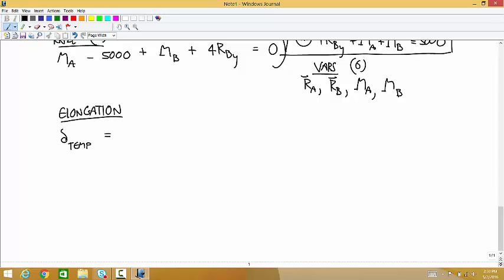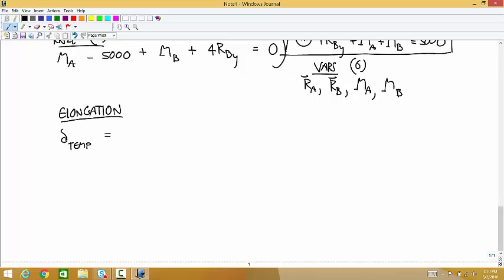It's going to make it want to expand. And so because the two ends can't go anywhere, the two ends have to apply a force to compress it so that the elongation due to the temperature change plus the elongation due to the external loads at the walls add up to 0. They have to counteract each other.